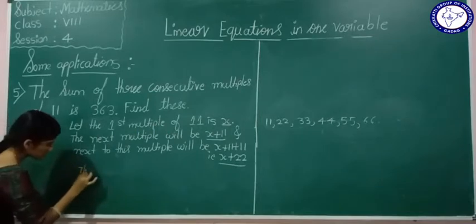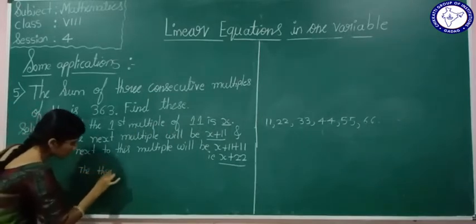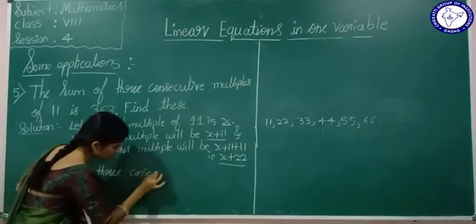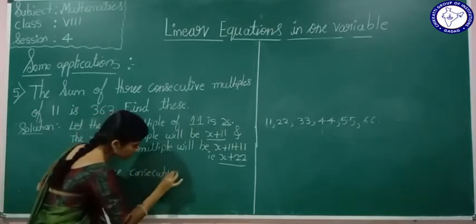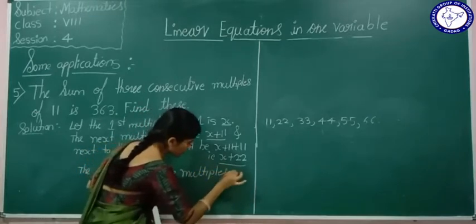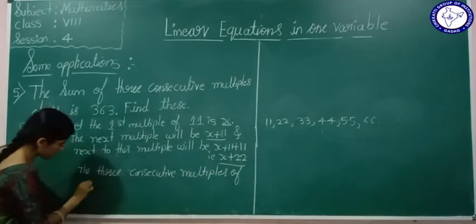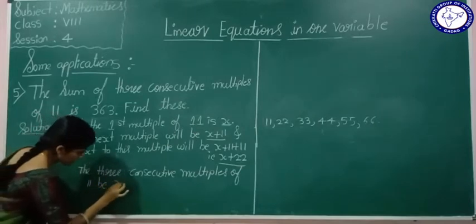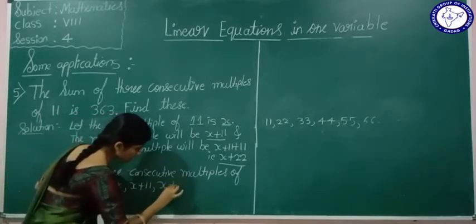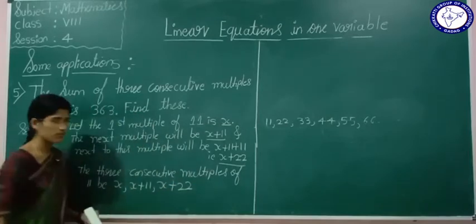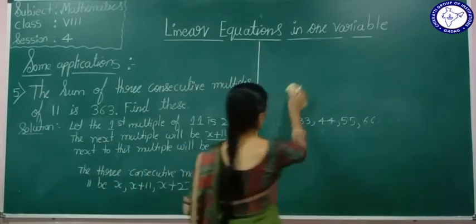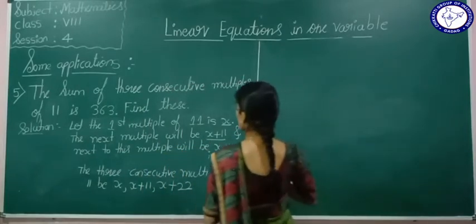Let the three consecutive multiples of 11 be x, x plus 11, x plus 22. Okay. Now what condition is given?